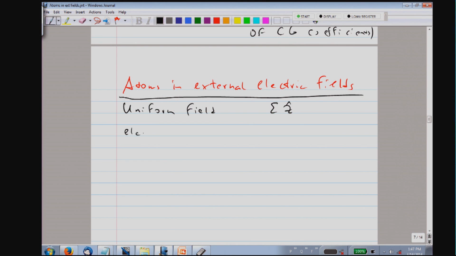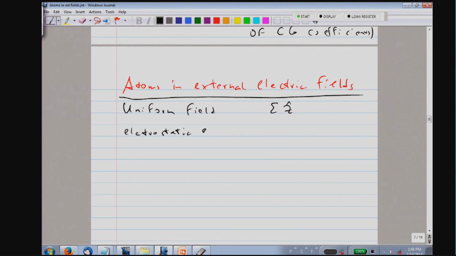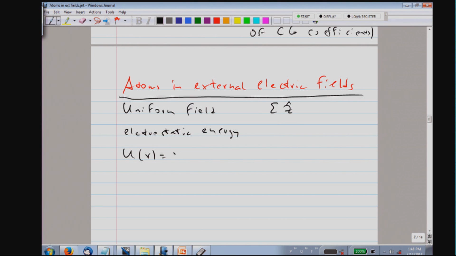We want to ask what is the electrostatic energy in this electric field. And we are using the fact that electrostatic energy can be expanded in a multipole expansion.